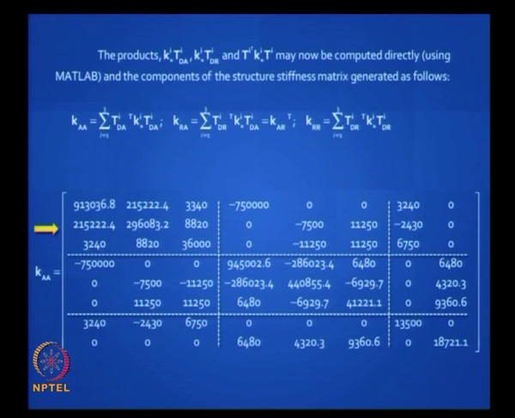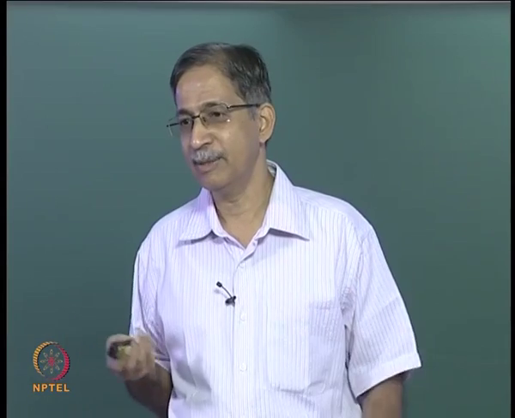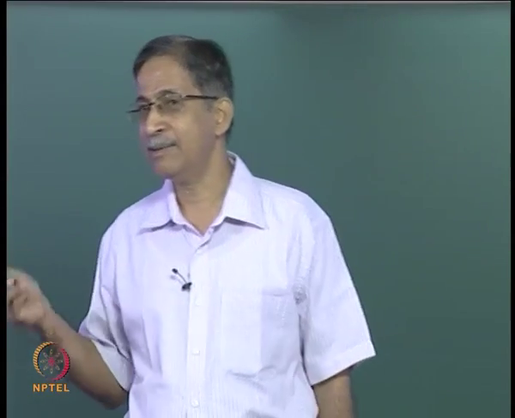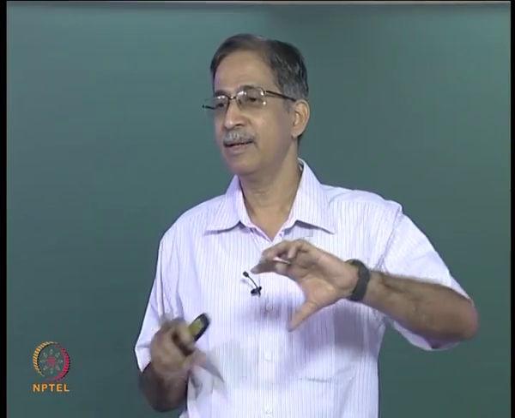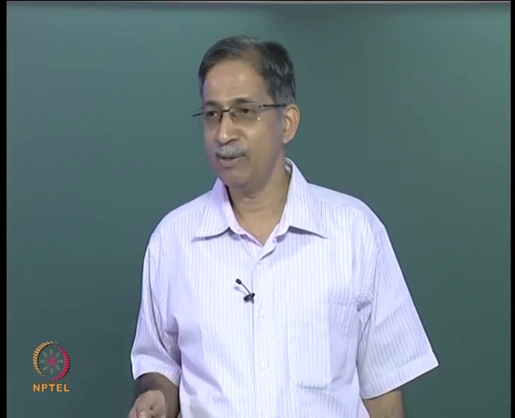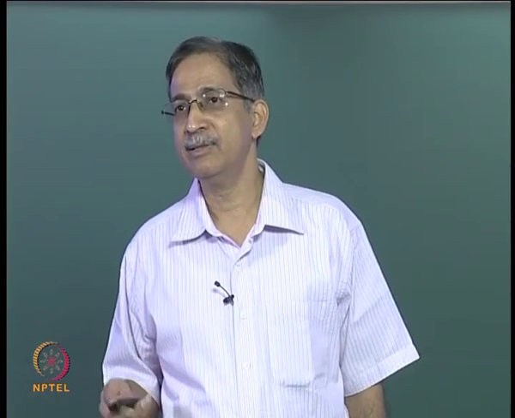Just check after you get the results that you have a symmetric matrix and that your diagonal elements are all positive, and you will get some zeros somewhere. If you number it more intelligently, it will fall into a nice banded matrix with minimum half band width for convenience in storage and solution.